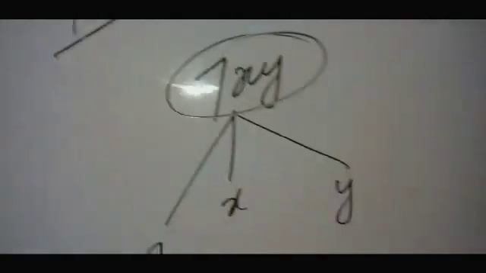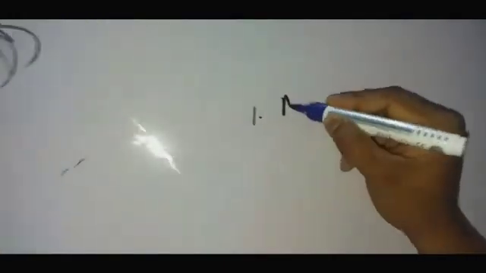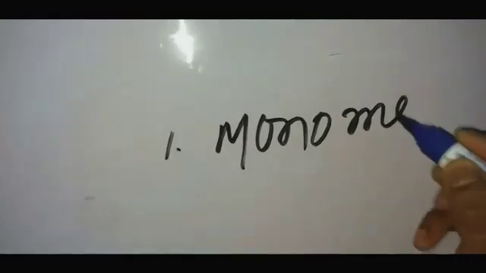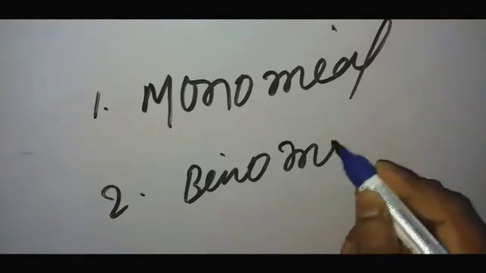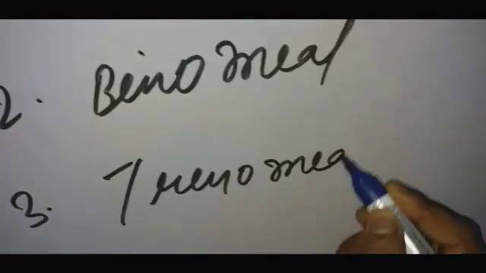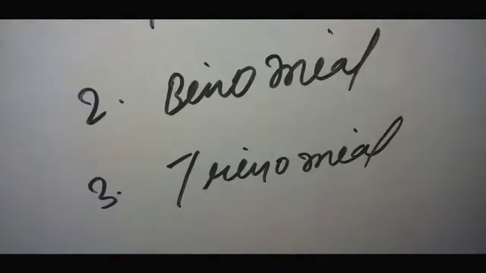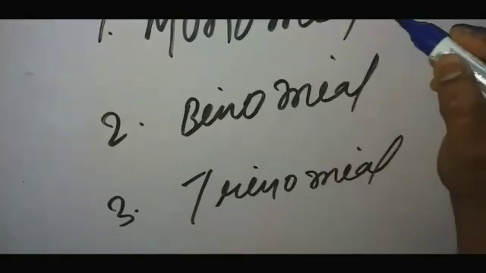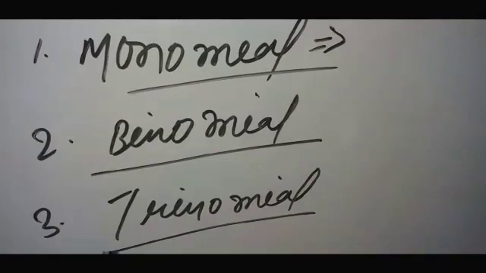Students, our next topic is types of algebraic expression. What types of algebraic expression do we have to study about? There are different types of algebraic expressions, such as first monomial, second binomial, third trinomial. First of all define it. What do you mean by monomial, what do you mean by binomial, and what do you mean by trinomial?